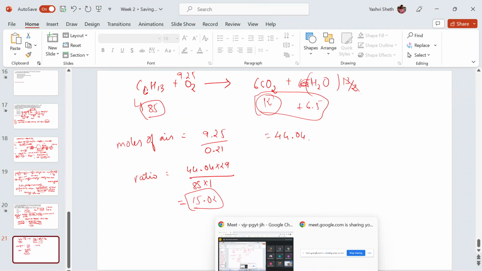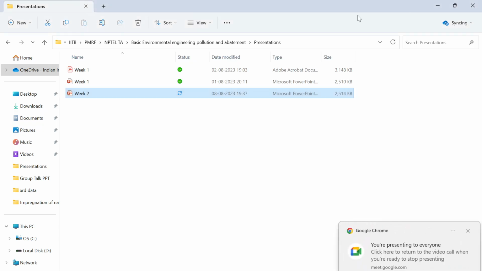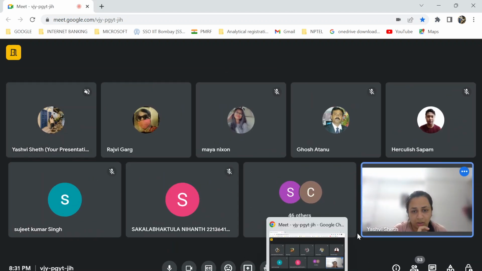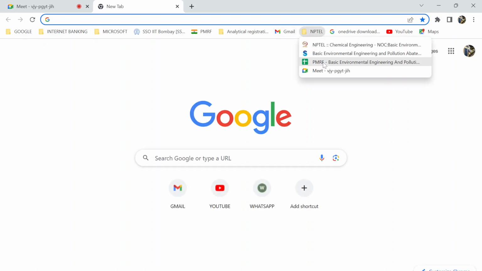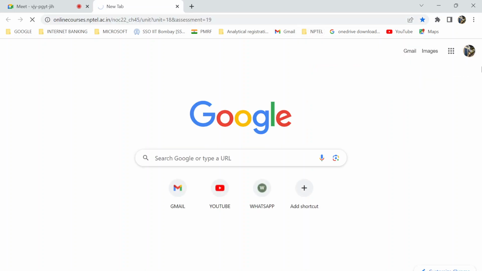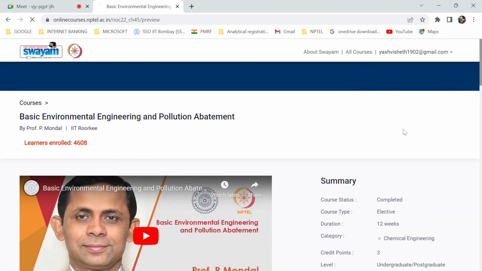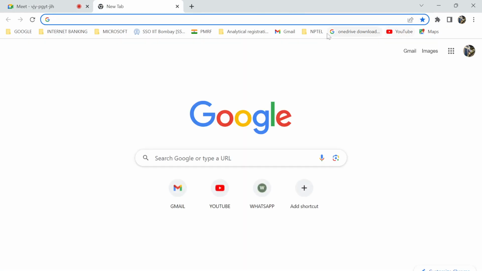Can you check the options and tell whether it is matching or not? I guess I also have the assignment. Let me check. Please check.